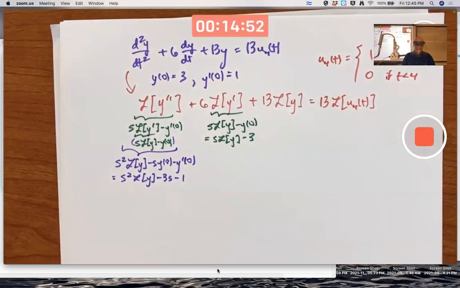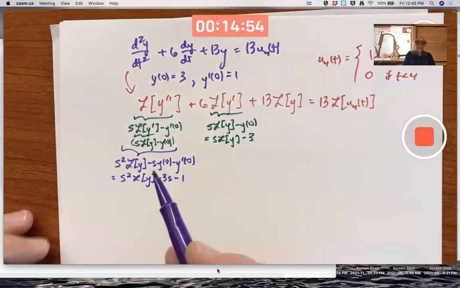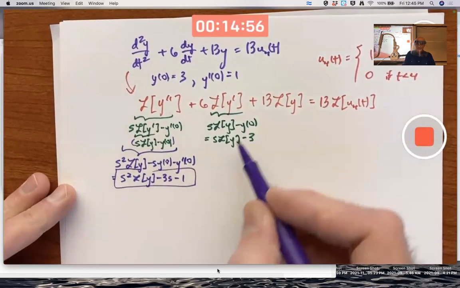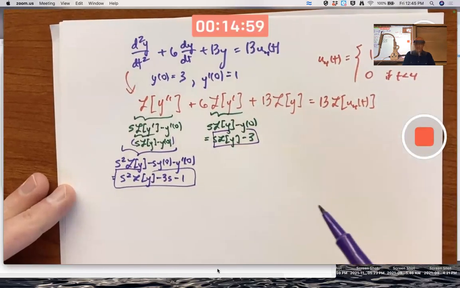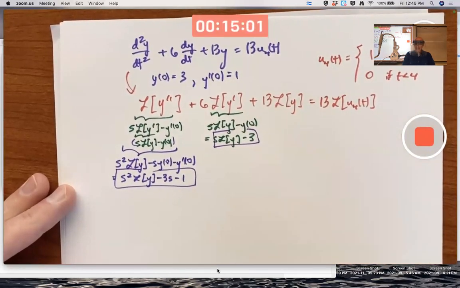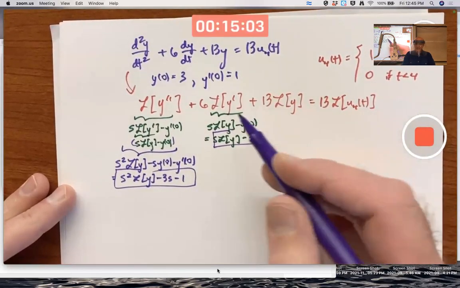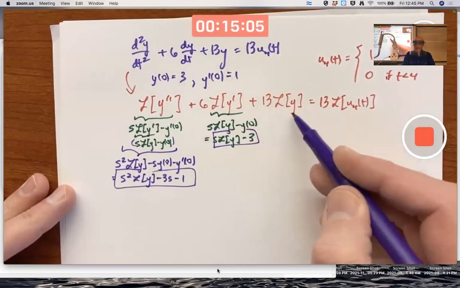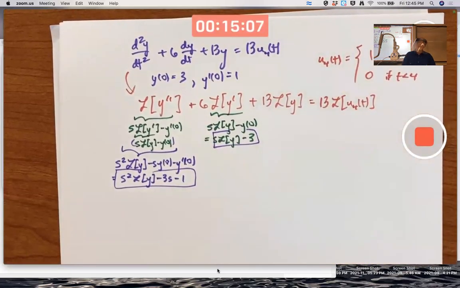So now once I've used those facts, don't forget to multiply this one by 6 and this thing by 13. The left-hand side, you can isolate L of y is what I'm trying to say. It's an algebra equation, you can solve for L of y.